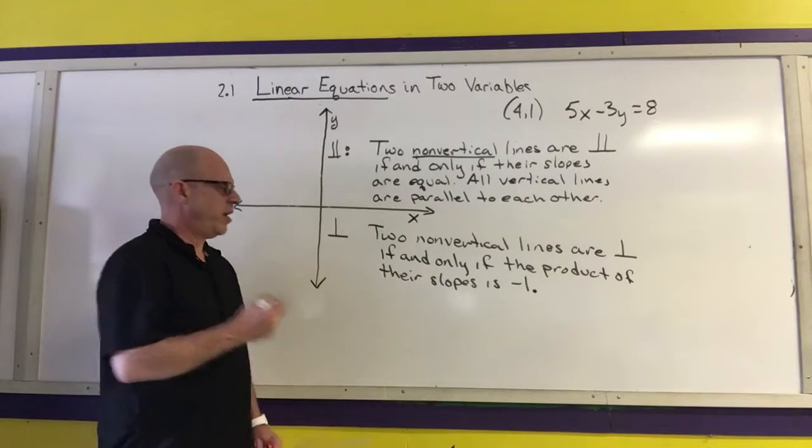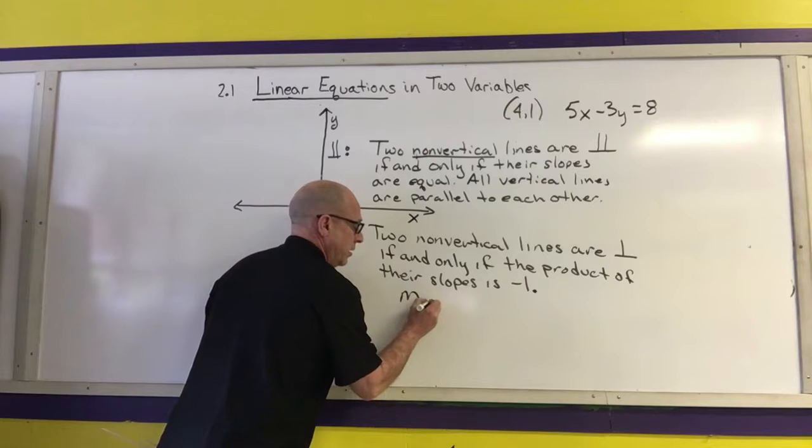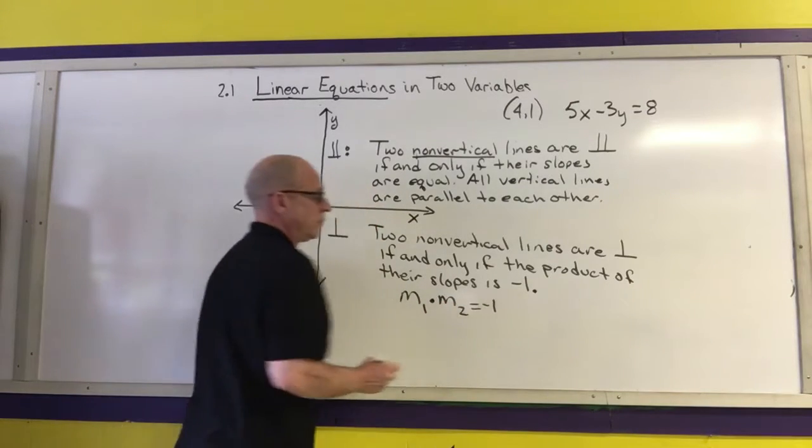So what this is mathematically is, hey, the slope of the first line times the slope of the second line has to equal -1.